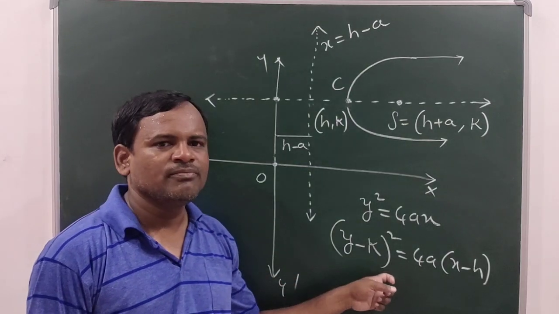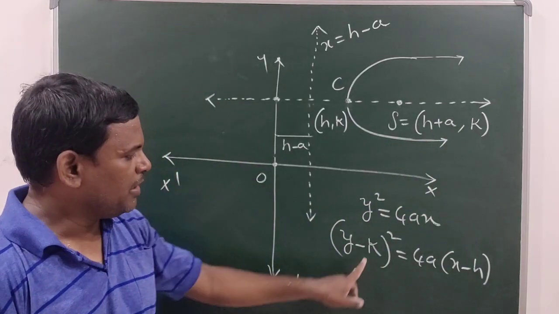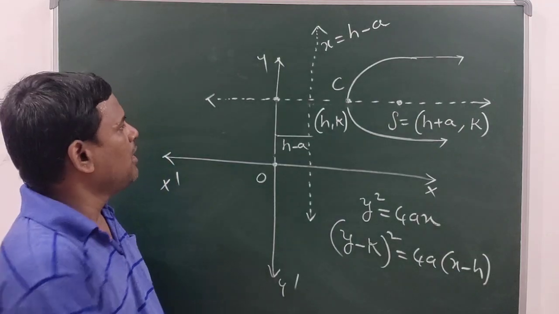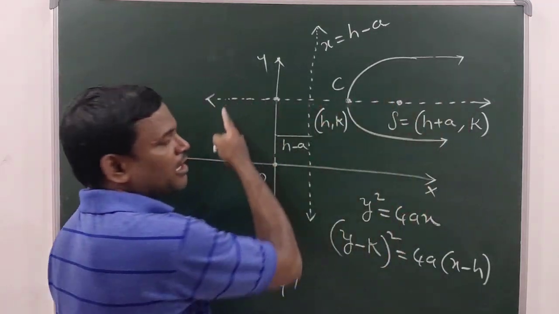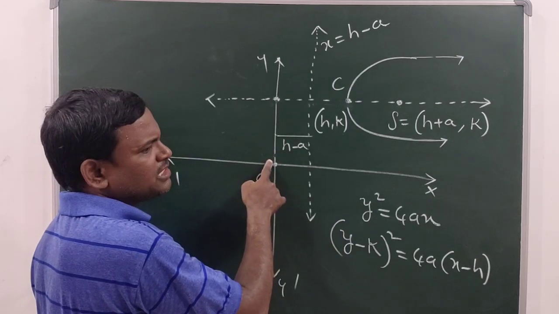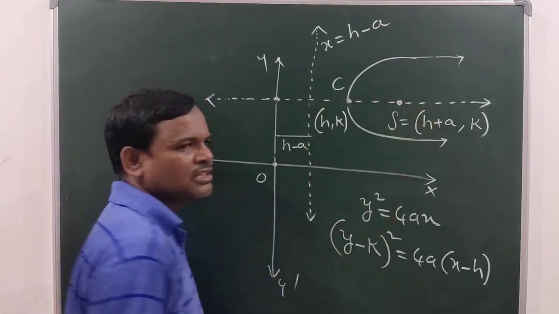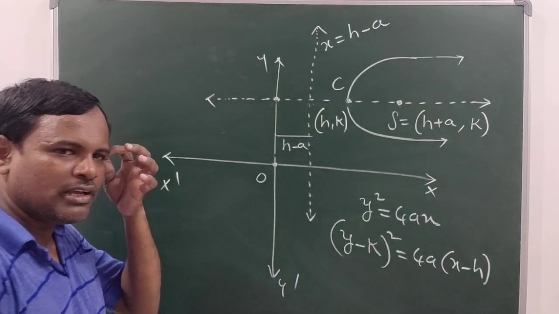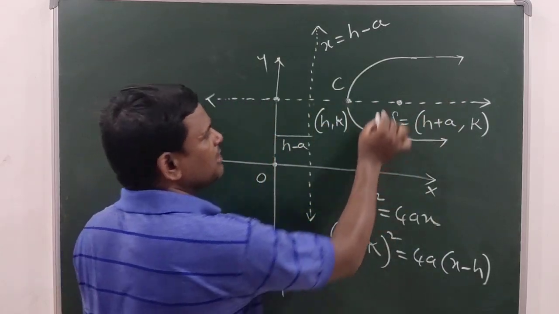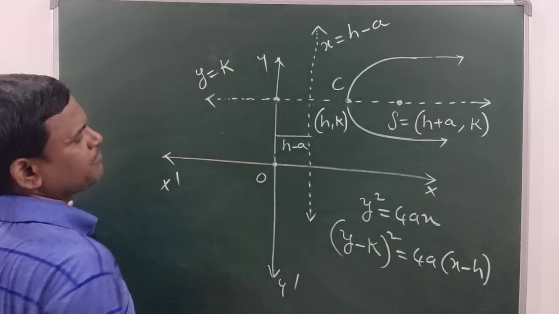So this is the equation of this parabola: (y minus k) whole square is equal to 4a of (x minus h). And next, this is the axis of the parabola. How far is it from the x-axis? k units. Hence, the y coordinate of every point on this axis is k only. So the equation of the axis of this parabola is y equal to k.